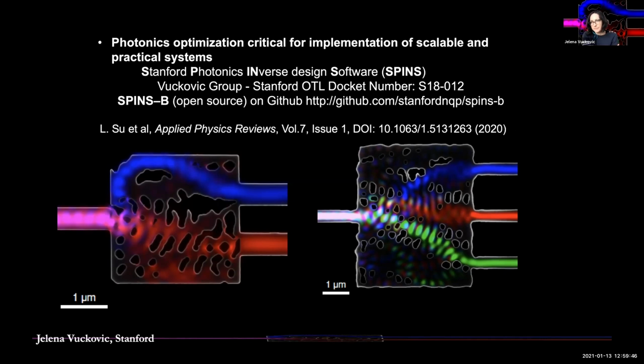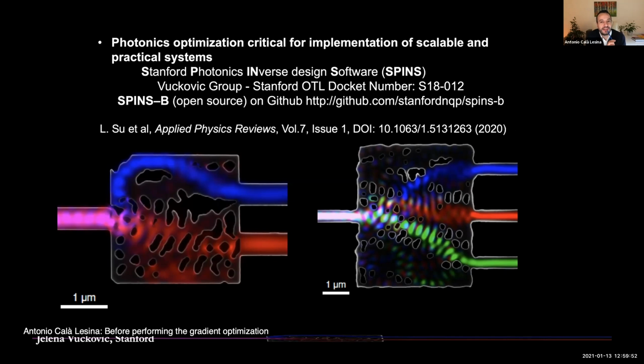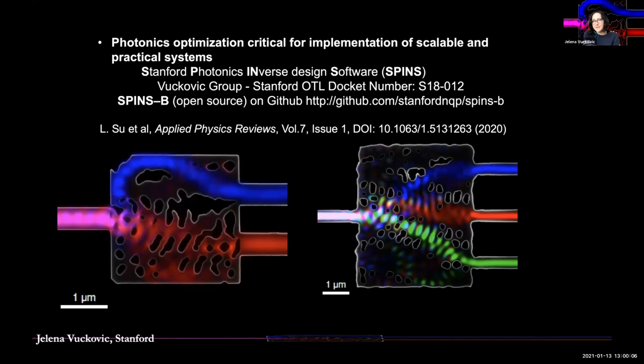Okay, great. The next question comes from YouTube. Before performing the gradient optimization for the wavelength splitter, for example, do you use any initial guess based on some theoretical insight? Yeah, in the past, it would just be a random guess.